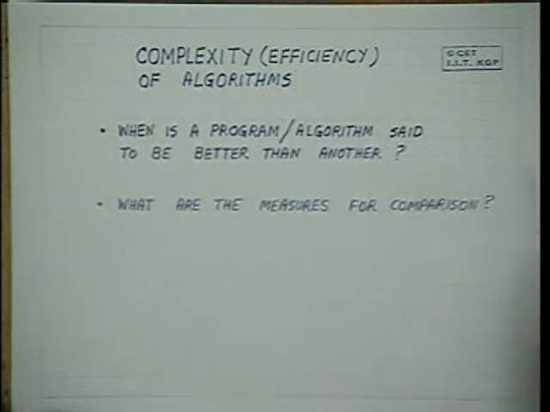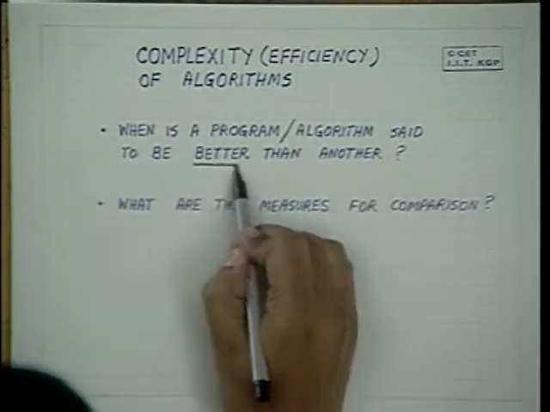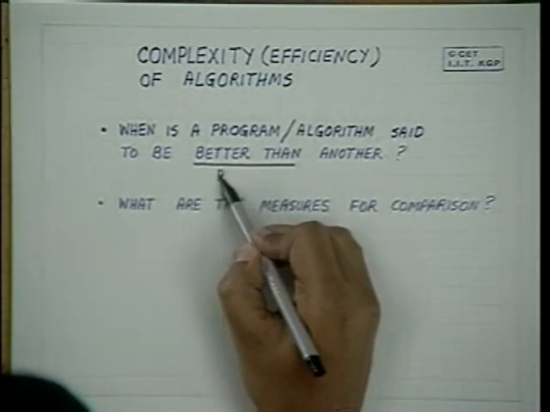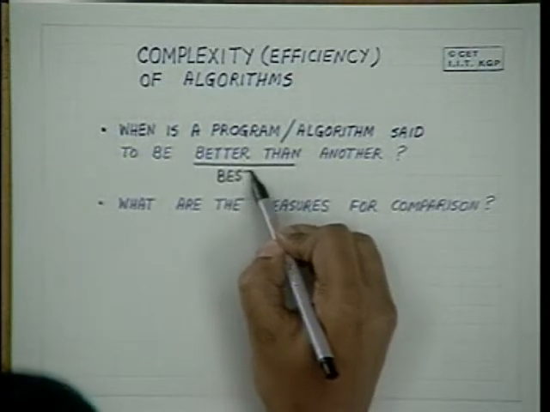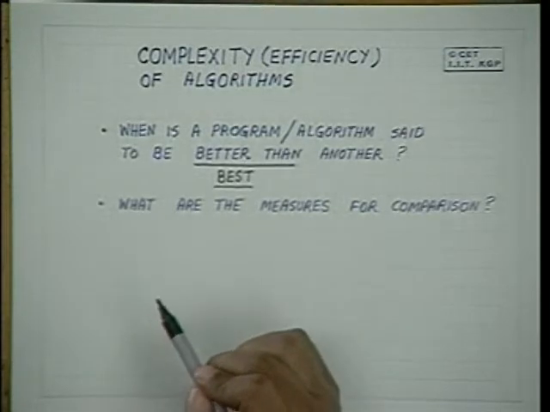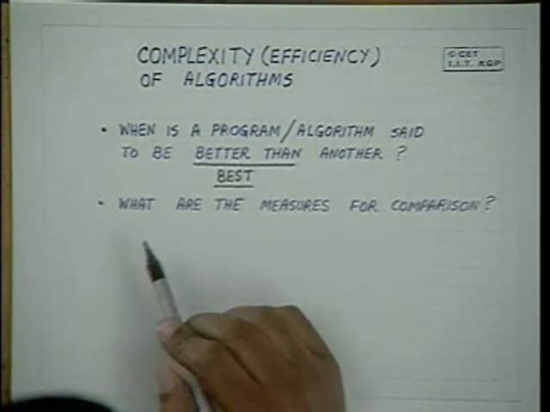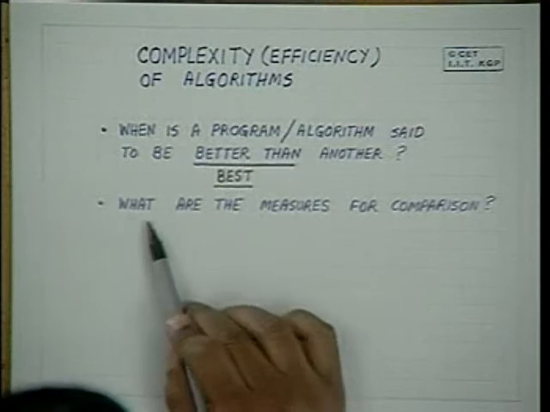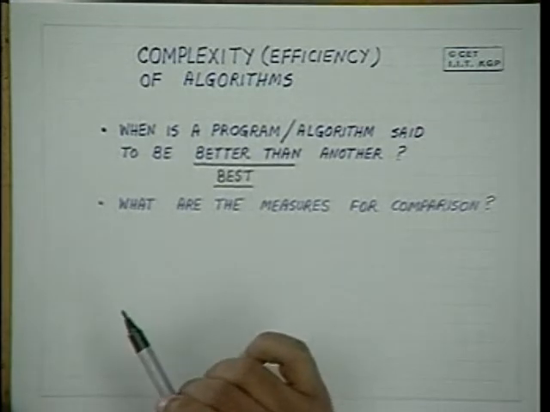Unless we understand the concept of what is said to be better than, we will not be able to realize the concept of best. And that is what we are trying to find out: what is the best algorithm for a particular problem? To answer this question, we must first answer what the measures of comparison are.